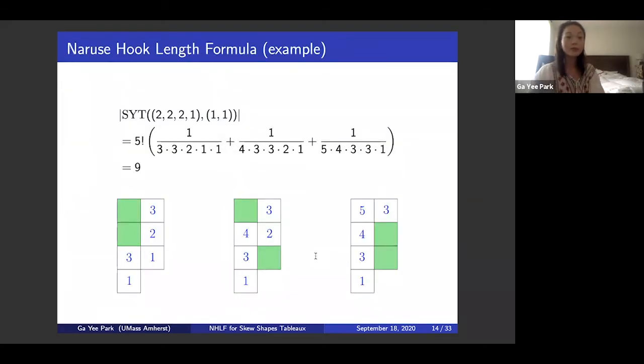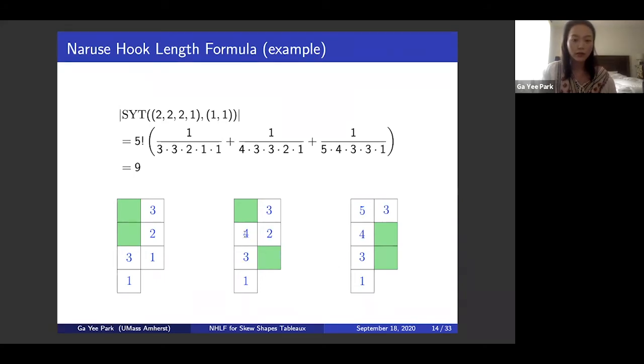So let's do an example for the Naruse hook length formula to convince ourselves. For the case of 2221 over 11, we have obtained the 3 excited diagrams shown below. And again, the blue entries are not the Standard Young tableaux, but the hook lengths of each cell. Note that the hook length of each cell, no matter which excited diagram, is the hook length in lambda.